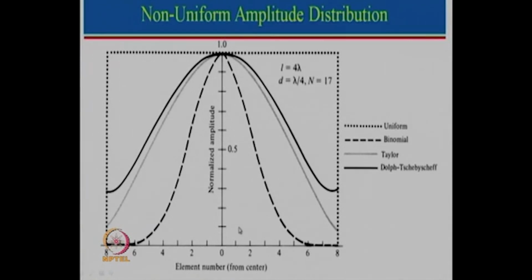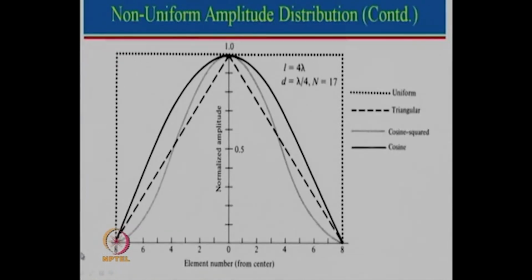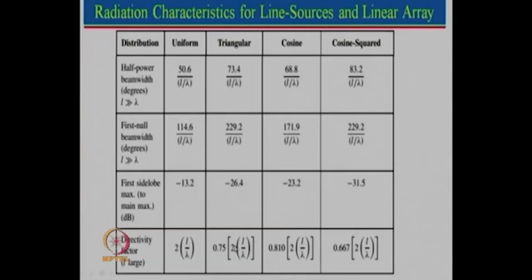So, we can reduce the side lobe level by using this pedestal, and since this element here is being fed zero power, the array in effect reduces from 17 elements to 15 elements. So, if you provide a pedestal, that means some power is fed to the last 2 elements, and hence you will get a little better directivity compared to these numbers here.